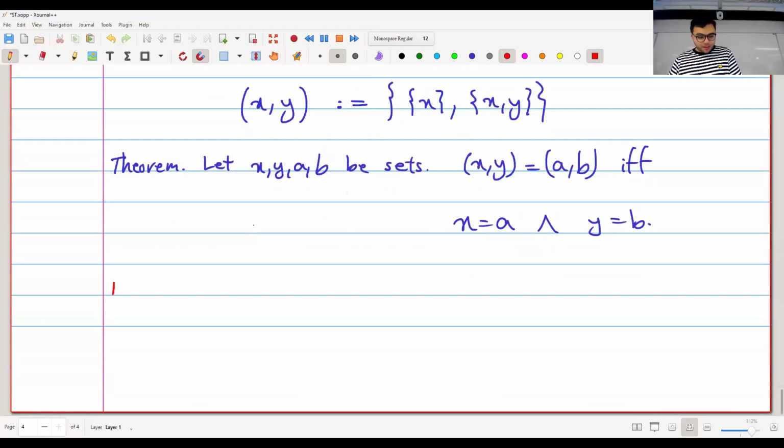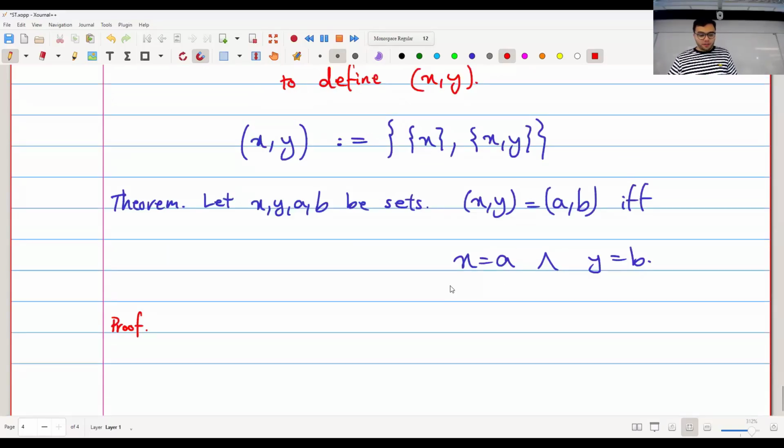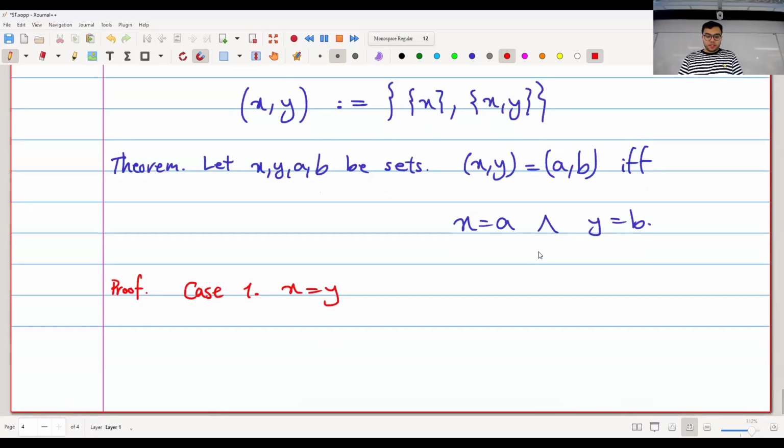So here's my proof. I'm going to do a casework. The first case is I'm going to check whether X is equal to Y. So case one, consider the case where X is equal to Y. What is the pair XY in this case?